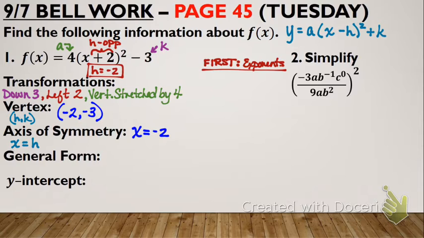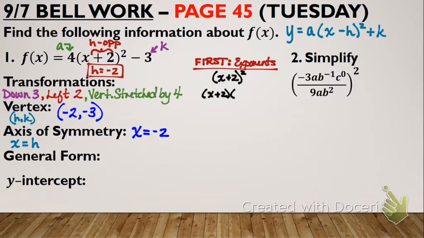Yep, we have x plus 2, and there's nothing more I can do to that to simplify it. So I'm looking at the fact that it is x plus 2 squared. What does it mean for something to be squared? We're going to multiply it by itself. So that's the first thing I'm going to do here.